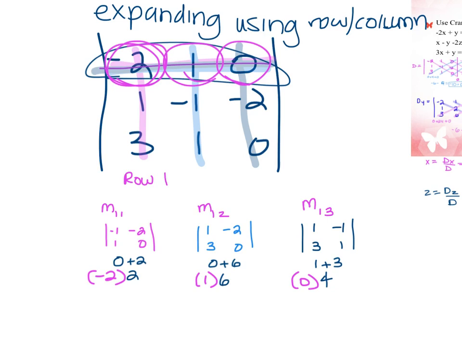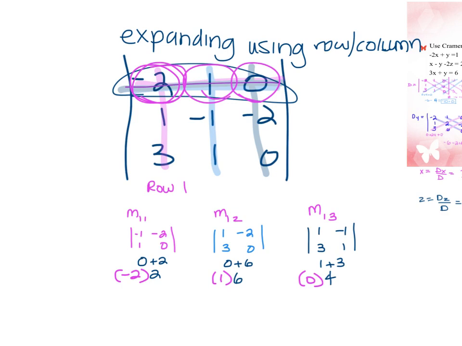But first, I have to use the pattern of my cofactors of that row to see if I need to change the signs. So if you remember the cofactors of the row, which of the spots in your matrix do you change signs when you're finding your cofactor? The north, south, east, and west, right?